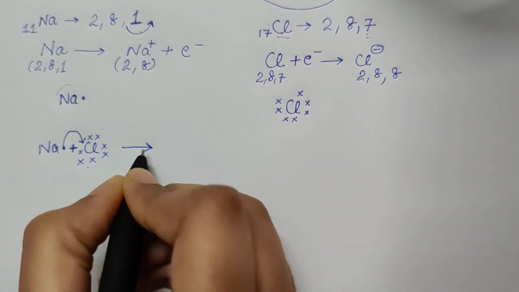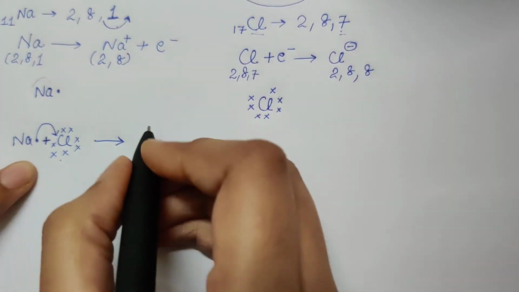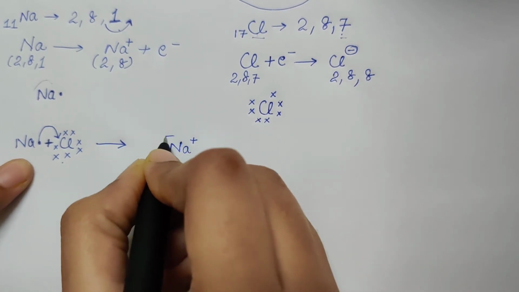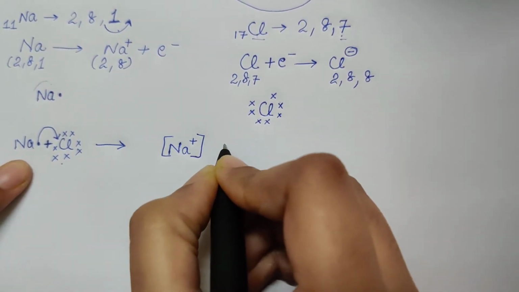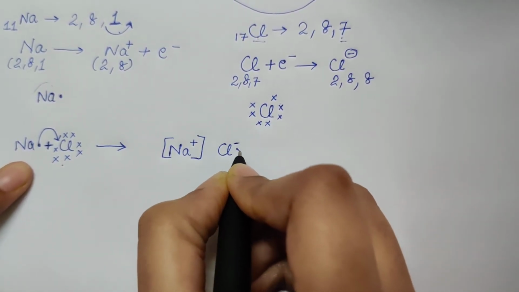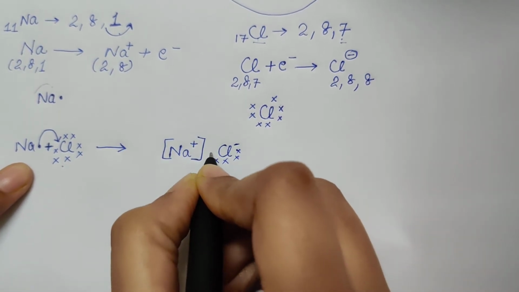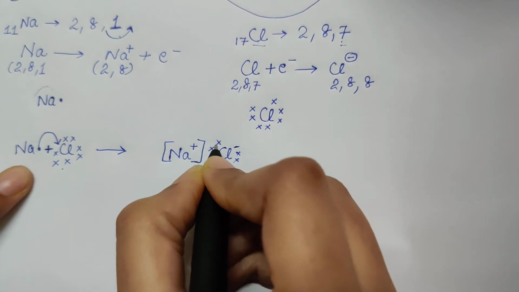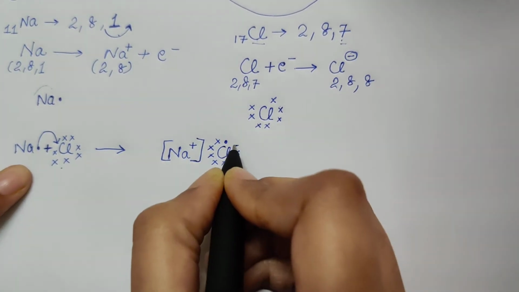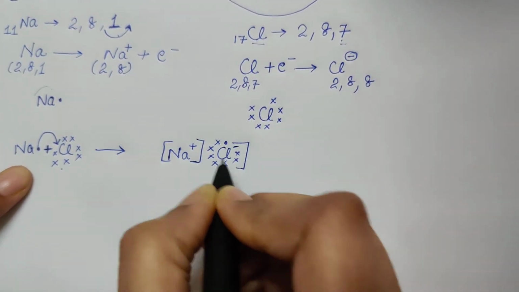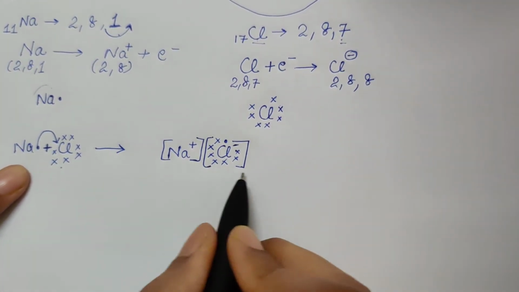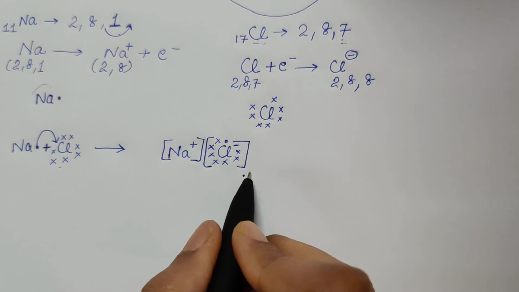Then you represent the ionic compound of sodium and chlorine as Na will develop a positive charge, whereas chlorine will develop a negative charge after taking 1 2 3 4 5 6 7 and 8. So this is how you will represent the corresponding electron dot diagram of sodium chloride.